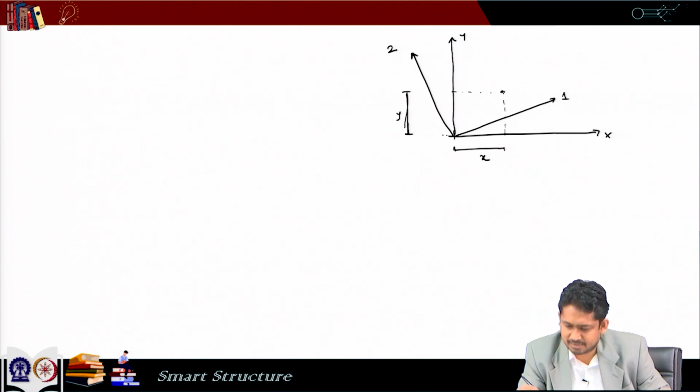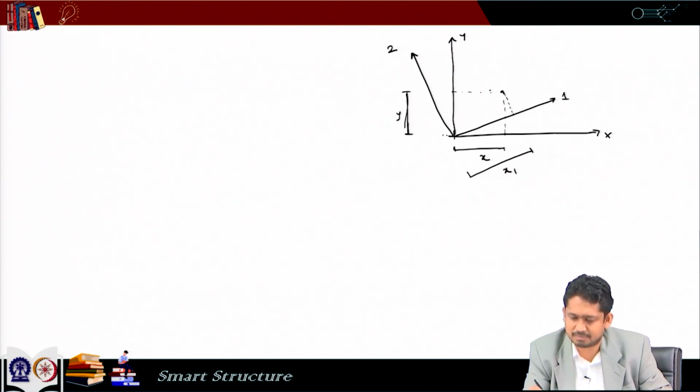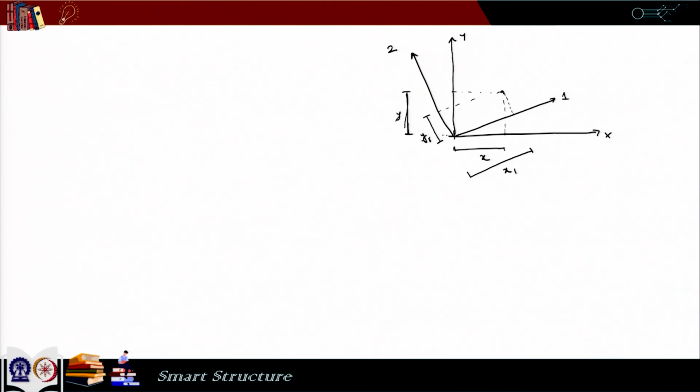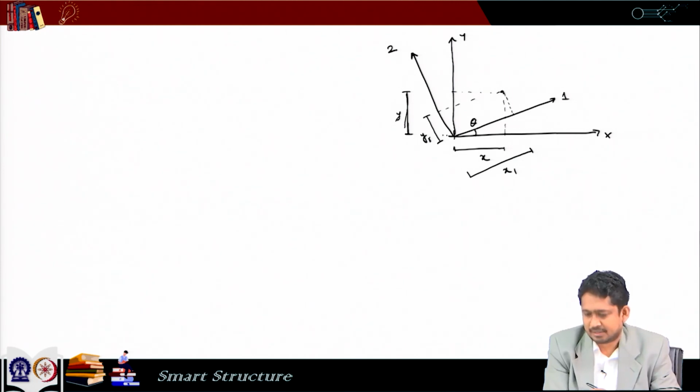And similarly, if I draw a vertical line on the axis 1, you get x 1 here, and if I draw a vertical line on axis 2, we get y 1 here, and this is our theta, and let us call it a point P.